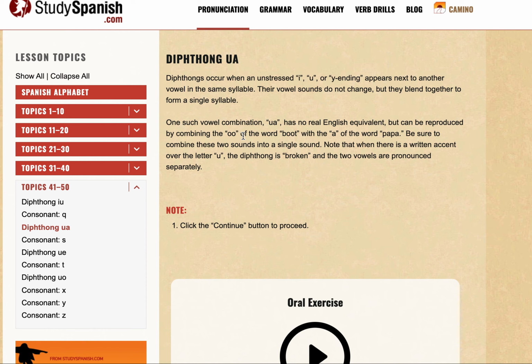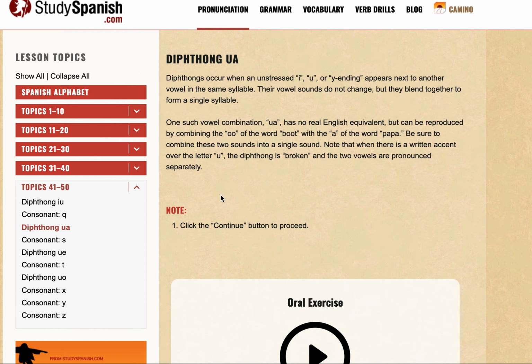The rule about the accent is similar to all the diphthongs that we have seen so far, right? Whenever you have a written accent on any of the letters in that combination, the vowel sounds are pronounced separately.